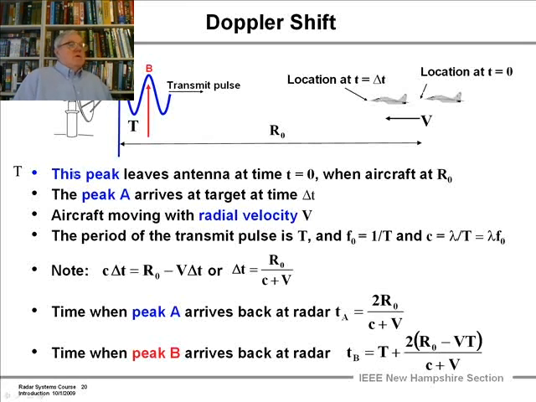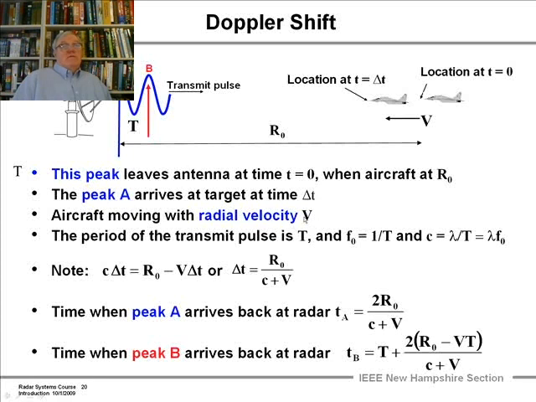Okay? This peak right here, I denote A, and one wavelength later I denote the peak B. And that peak A leaves at time t equals 0 when the radar is at R0. And the time it arrives at is a delta time later, a little bit later. And we have the aircraft moving with a radial velocity v.